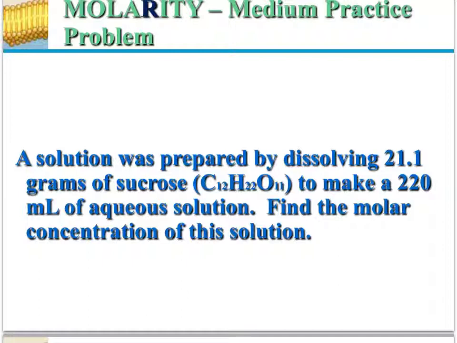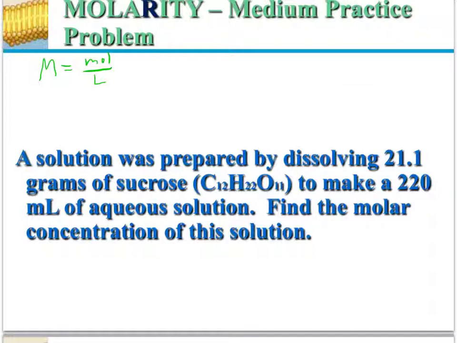Okay, this would be a medium type practice problem. A solution was prepared by dissolving 21.1 grams of sucrose to make 220 milliliters of aqueous solution. Find the molar concentration of this solution. We start out knowing that our equation is molarity equals moles of solute over liters of solution.